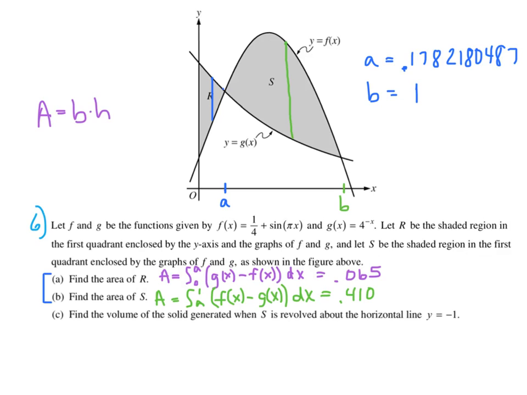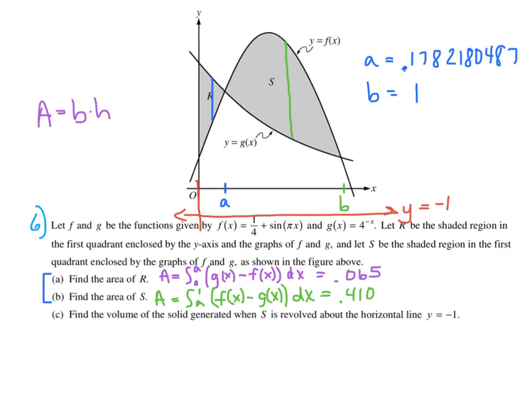All right, now, letter C is starting to talk about a new line that's graphed in. So we have to graph in a line here, y equals -1. I am obviously, again, not drawing it to scale, but there is my line y equals -1. So if I were to continue on that axis. I'm going to rotate S, revolve it around that horizontal line.